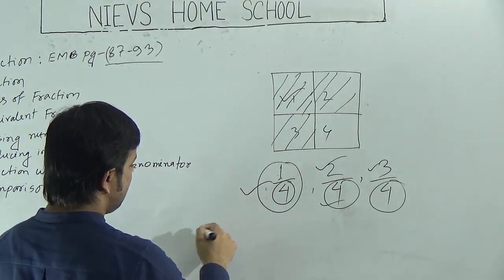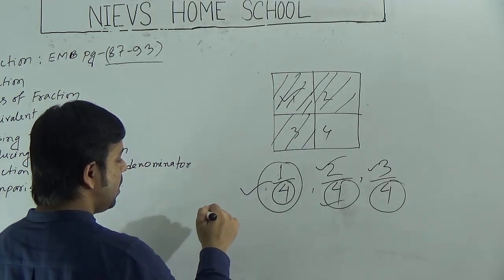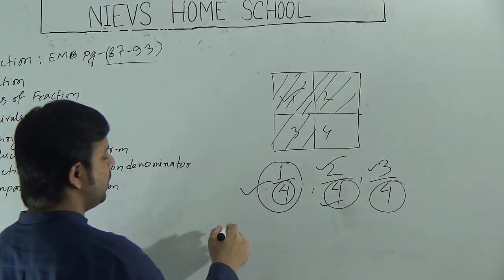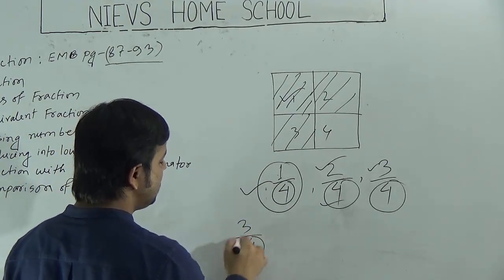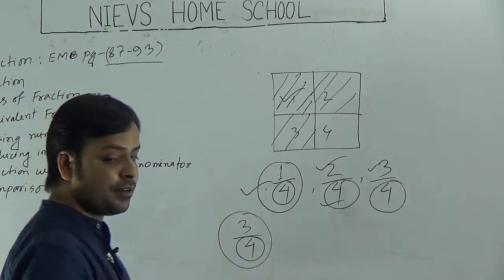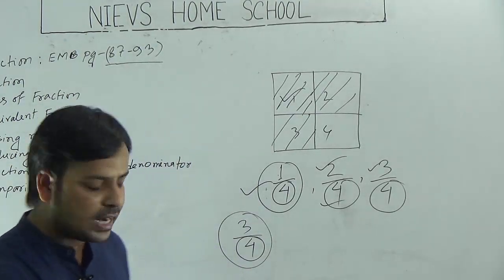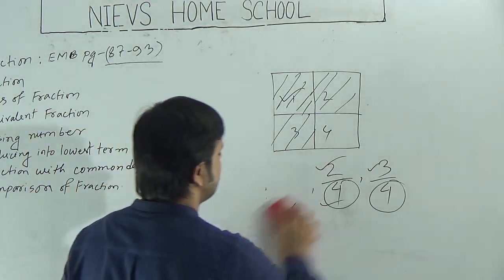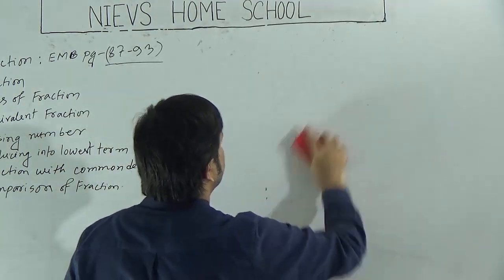It means that a fraction represents a part of whole. Suppose I take 3 parts from 4. 4 means whole. So this is the fraction. So we can write a fraction represents a part of whole. At first I can write the definition of fraction, then I will give the example. So write what is fraction.